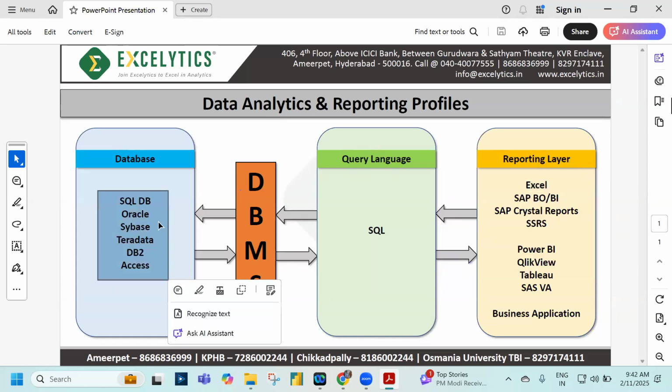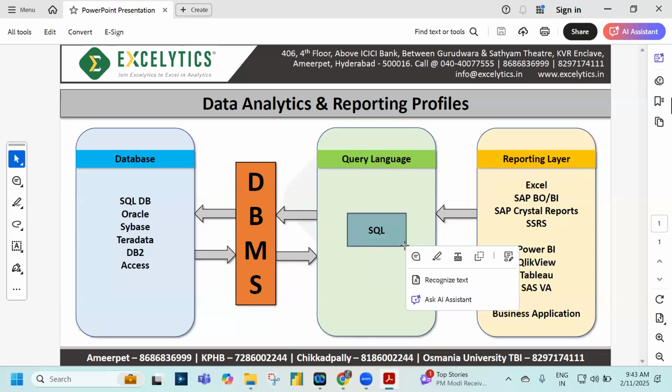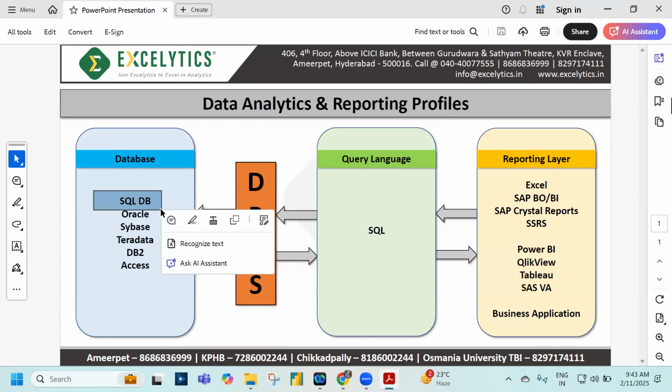It could be SQL Server database, Oracle database, Sybase, Teradata, DB2, SAP HANA, MS Access. Different databases are available. So you need to learn how to extract the data from a database and use the data for your reports. But how to extract the data? Here we go. We need to use a language, SQL, structured query language, to interact with our server and get the required amount of data.